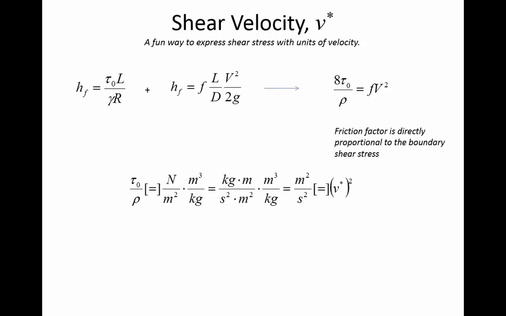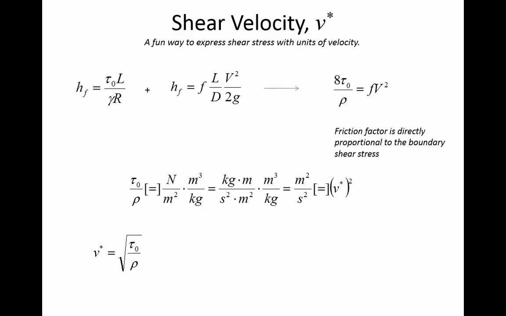And here's meters cubed per kilogram, which is the inverse of density units. Combine it all together, cancel out the terms, and you've got meter squared per second squared. And that's what we call the shear velocity squared. So we've rearranged it intentionally so that when we take the square root of the shear stress divided by the density, like here, then it ends up having units of meters per second.